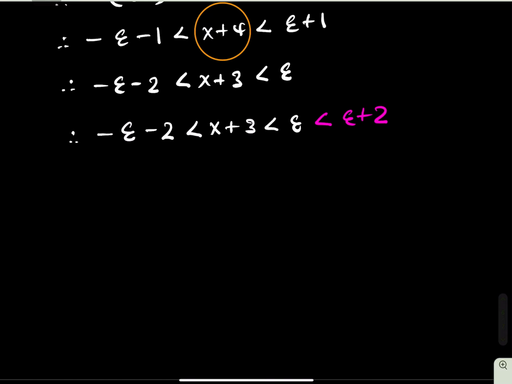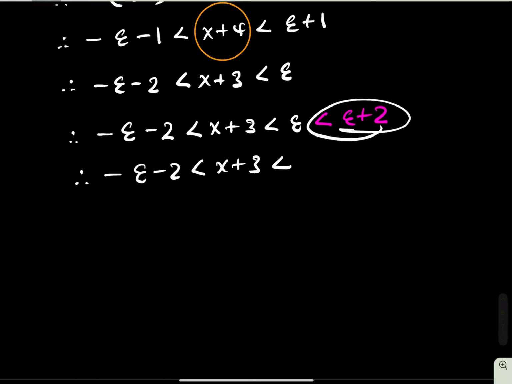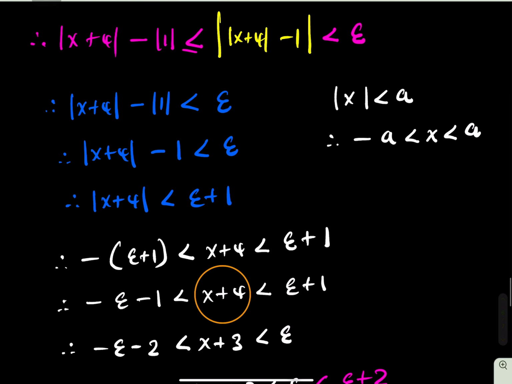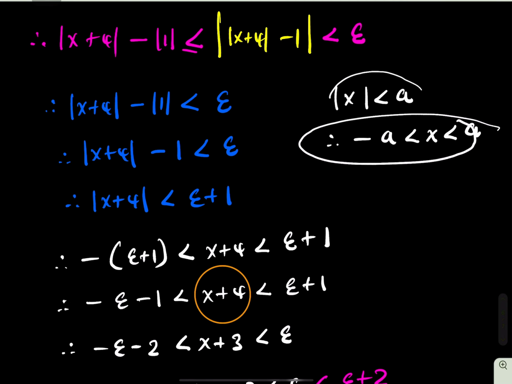And then now you can say to yourself that this is negative epsilon minus 2 in between x plus 3. We can now take that inequality, which is going to be epsilon plus 2. Now you need to convert, you must take it back to that one.